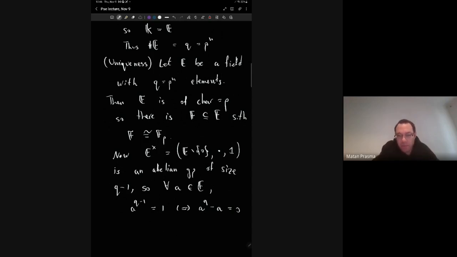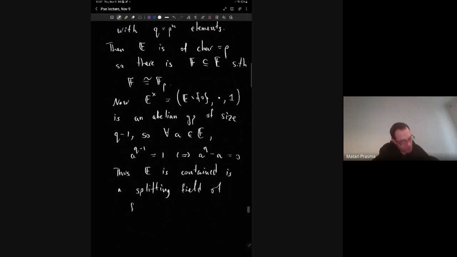This is for every element in E. Thus, E is contained in a splitting field of this polynomial f, x to the q minus x, over the ground field F. Since we know that E has p to the n elements already, then it must be a splitting field itself.